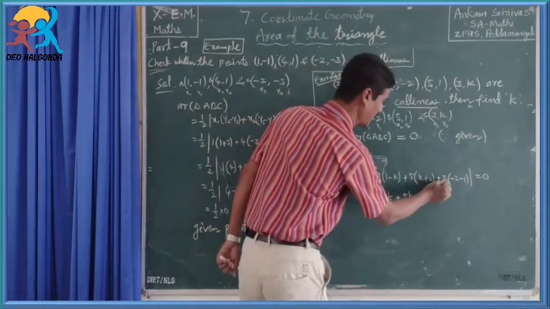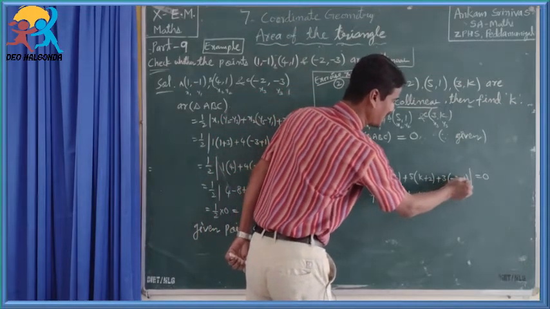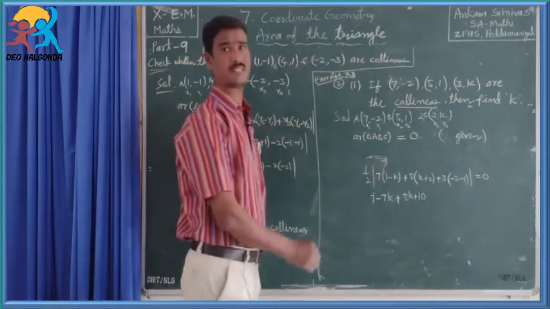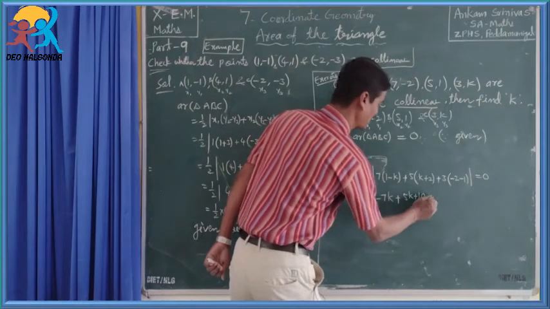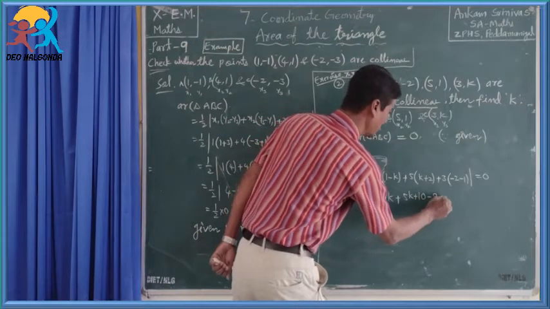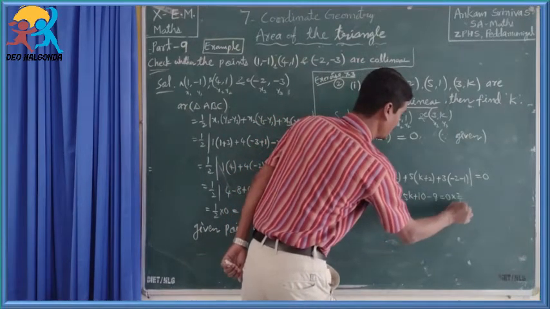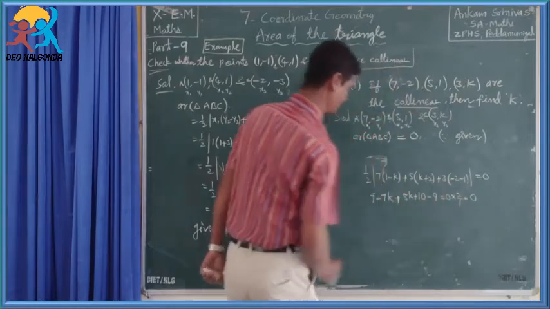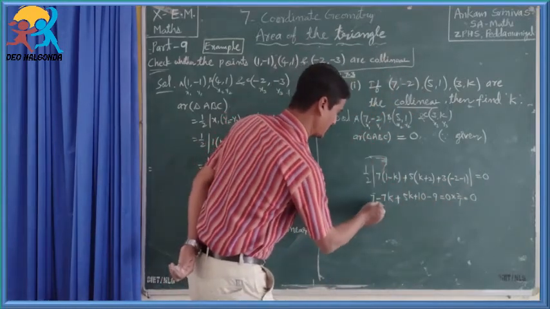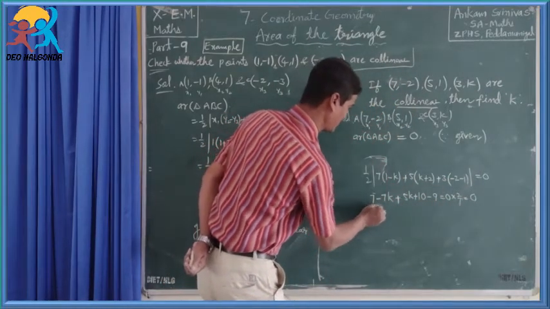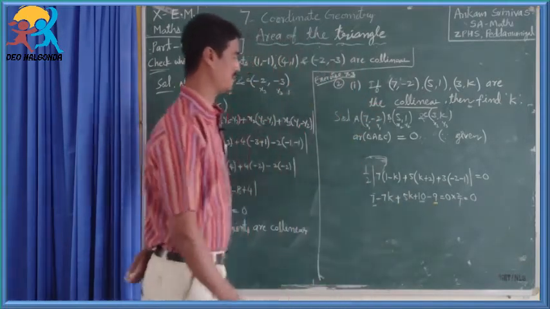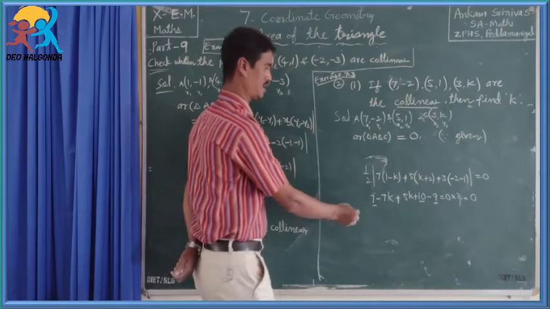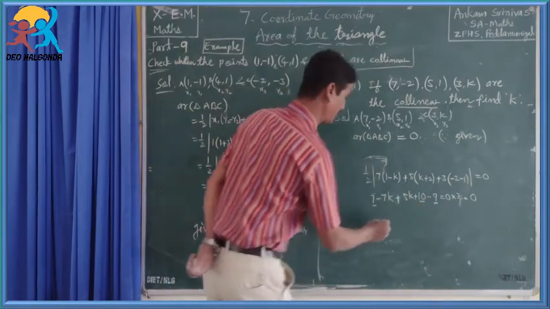And here 3 into (-2 minus 1), sum of negative numbers gives a negative number, minus 3 into plus 3, minus 9, is equal to 0. And here 7 plus 10 minus 9, 7 plus 10 is 17, minus 9 we will get 8.